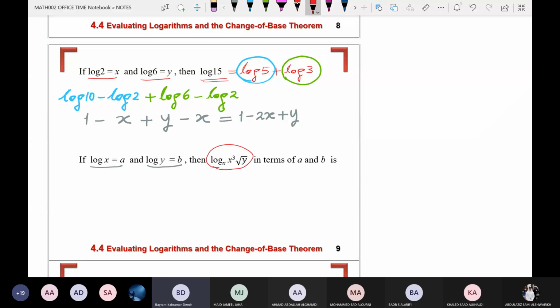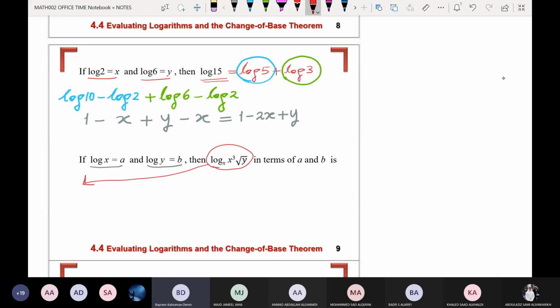But in a and b, the logarithms are base 10. So since you are asked to write in terms of a and b, we have to follow the same base, base 10.